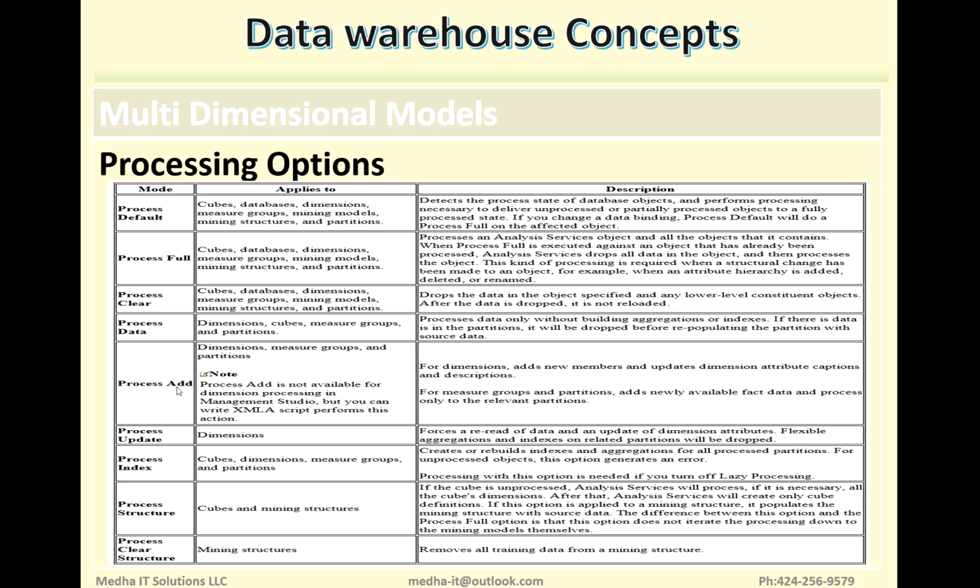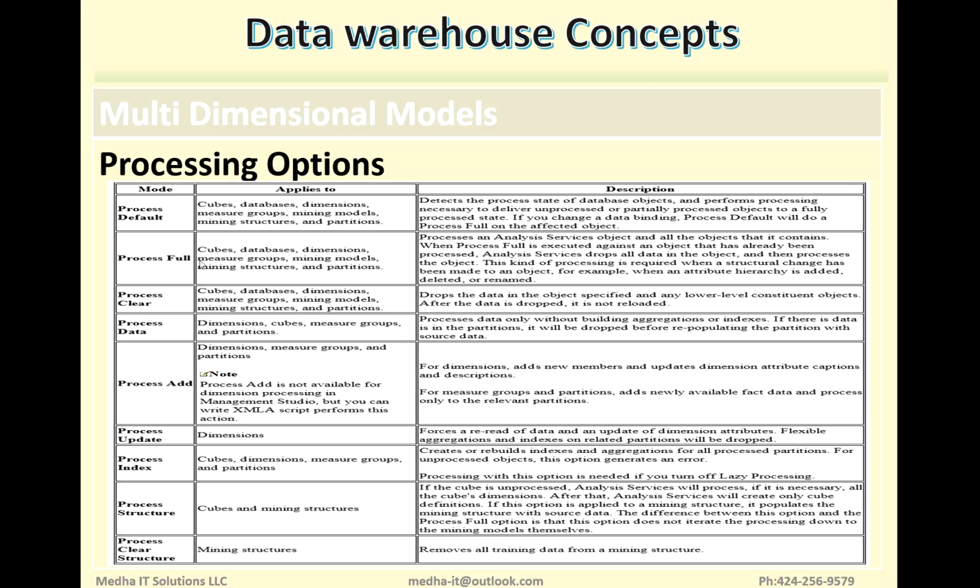Process add will just add the new records to the existing dimension. Like that, if you are familiar with these different processing options, you can directly use those options instead of letting Analysis Services decide.